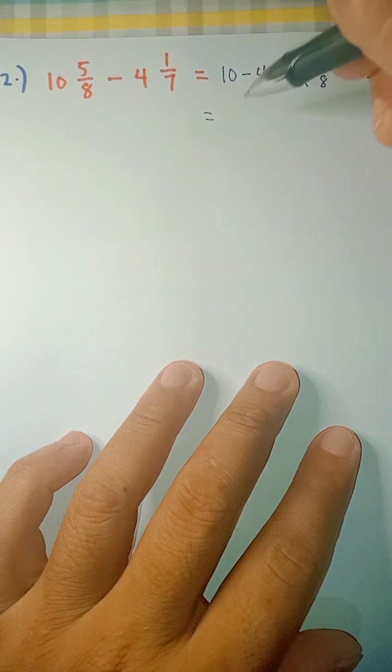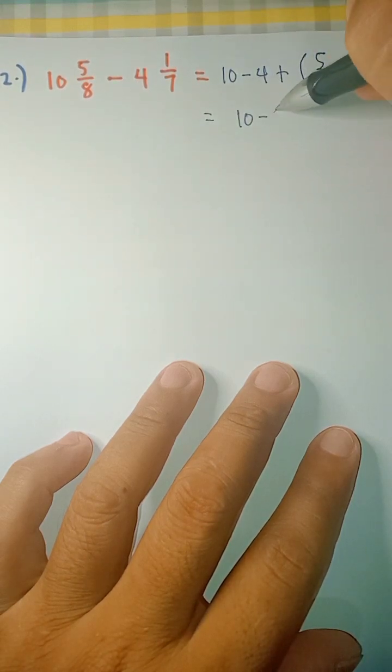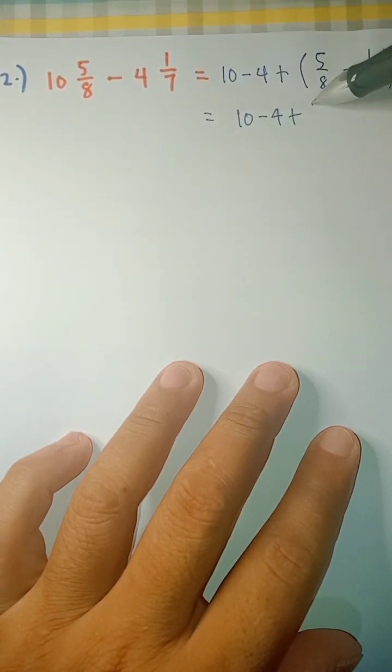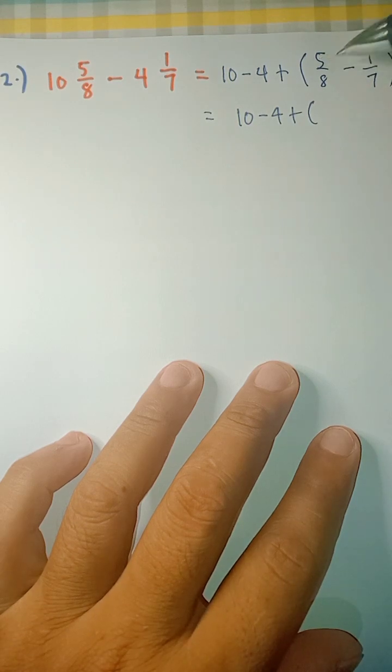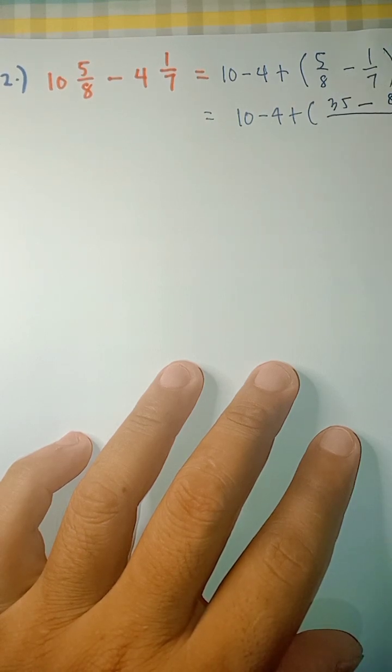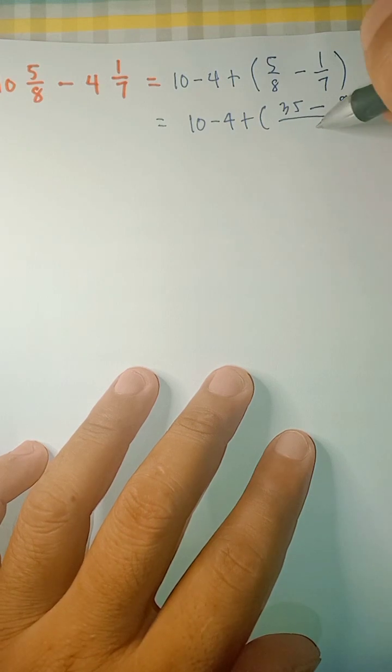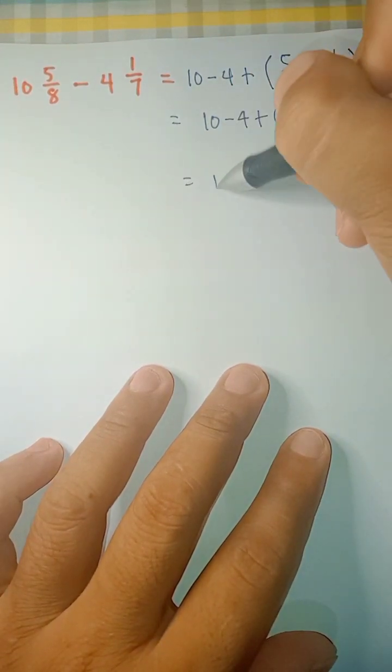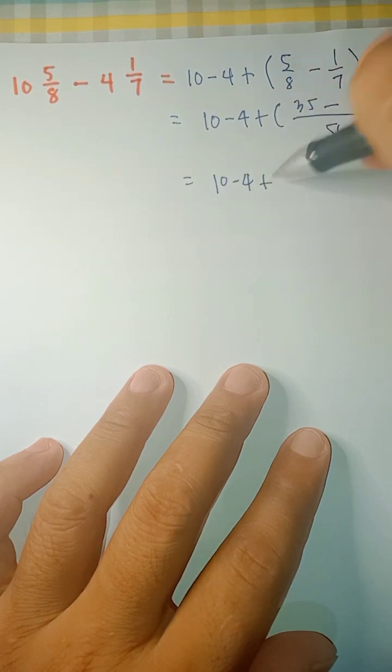So let's copy first 10 minus 4, then plus. Now, we have to cross multiply 5 and 7. So 5 times 7 is 35, minus 1 times 8 is 8. Then fraction bar, 8 times 7 is 56. Okay. 10 minus 4, copy down, then plus.